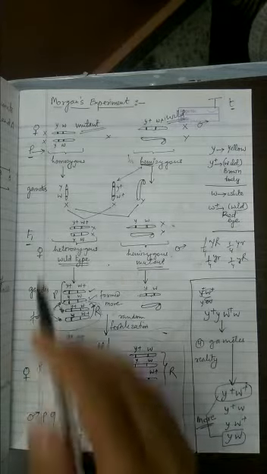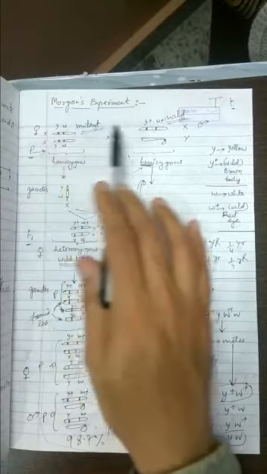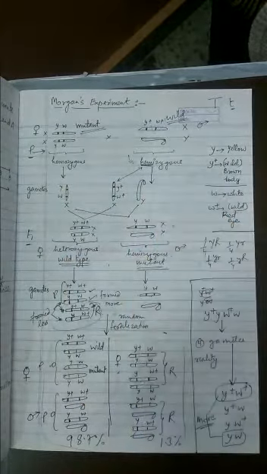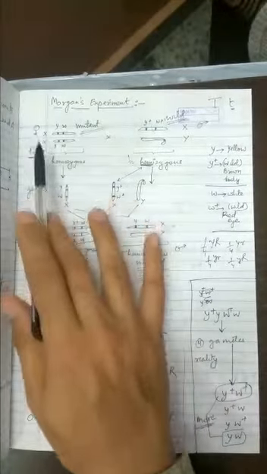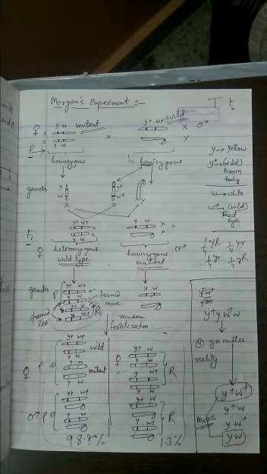So what he did, he took the mutant type of female and crossed it with the wild type of male. So mutant type will be what? Yellow-bodied and white-eyed, and the wild type of the male will be what? The brown-bodied and the red-eyed.